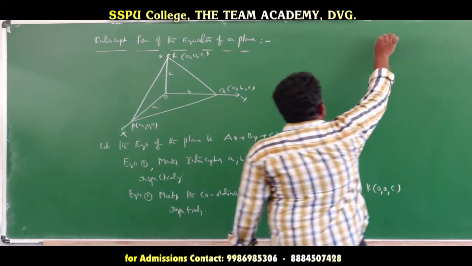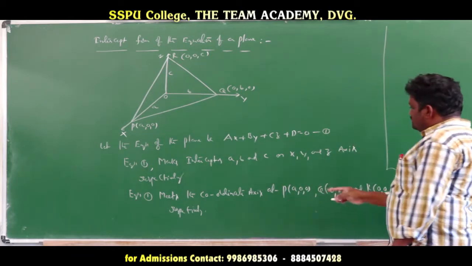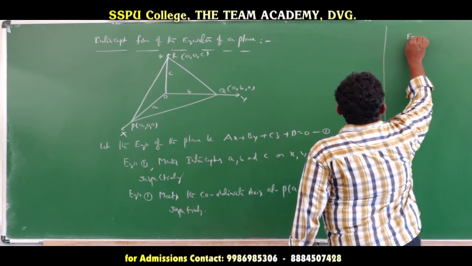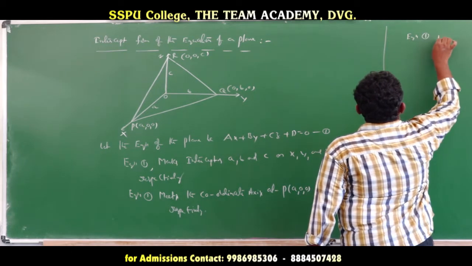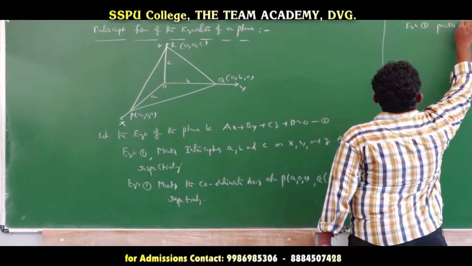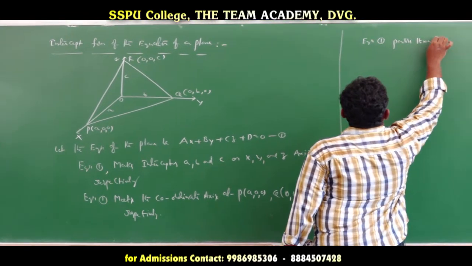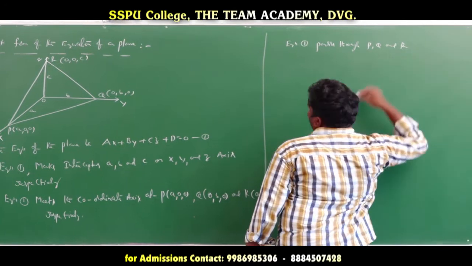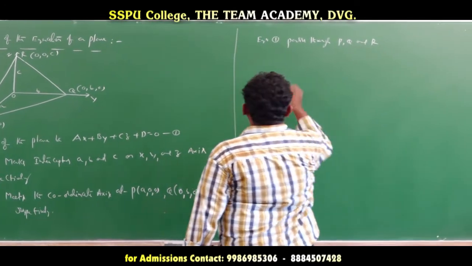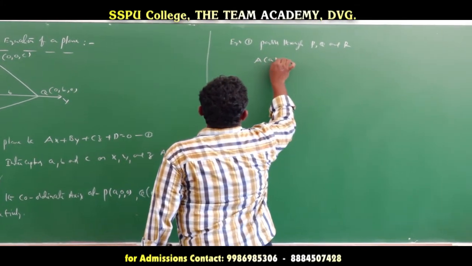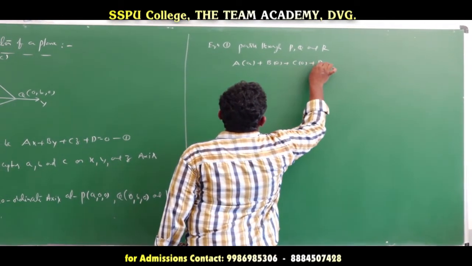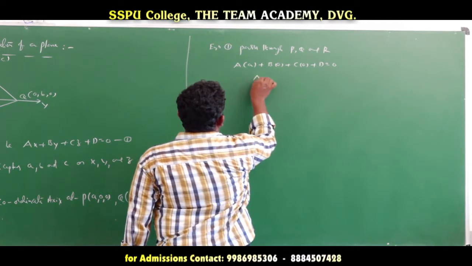Now see, this plane passes through these 3 points. So equation 1 passes through P, Q and R. First, passing through the point P means a into a plus b into 0, c into 0 plus d is equal to 0.